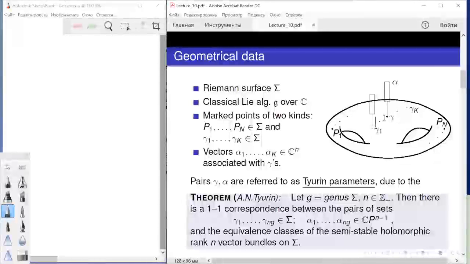Sometimes I will omit the number of this pair, gamma and alpha, and write them just without any index. Pairs gamma alpha are called Tyurin parameters due to the following theorem.